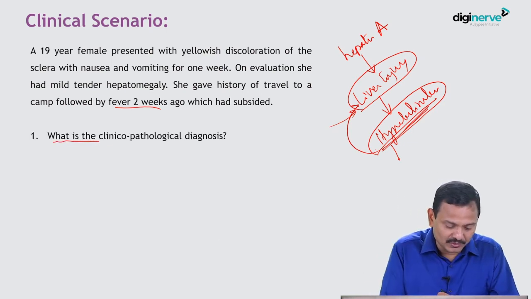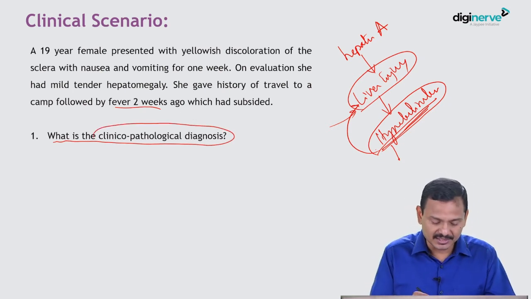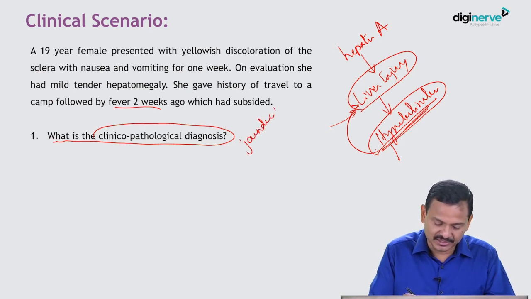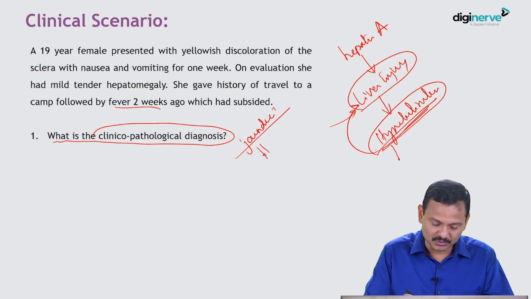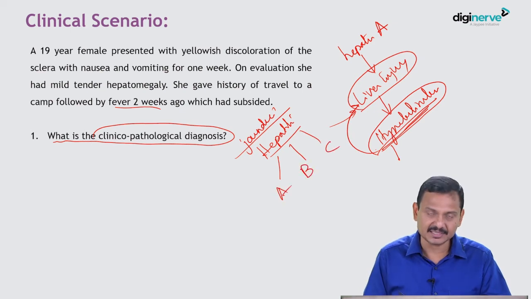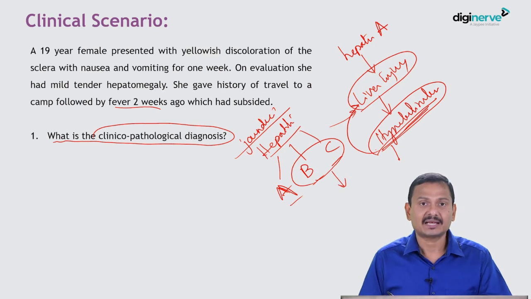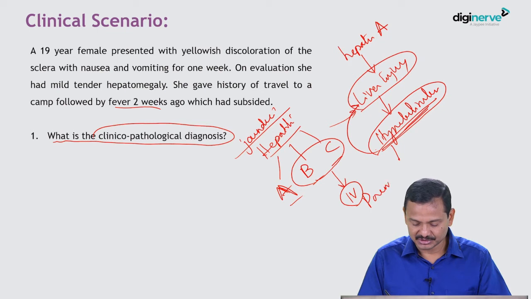So when we go to our first question, that is clinico-pathological diagnosis, here the answer is most likely she has jaundice, and most likely etiology would be because of hepatitis. And if you think of hepatitis, it can be A, B, C, and D and E are also there, but we will be concentrating on A, B, C, which are more common, and if you know, B and C are acquired through intravenous route or they are parenteral transmission.